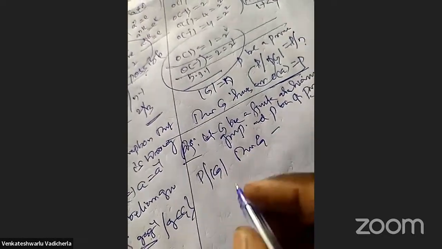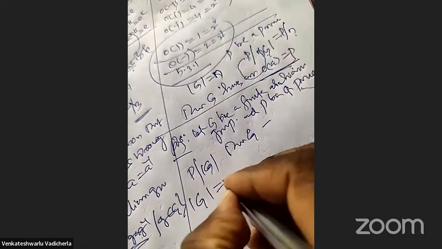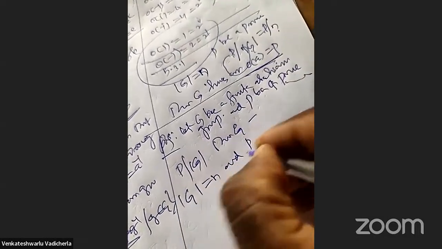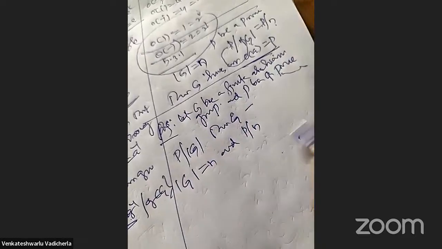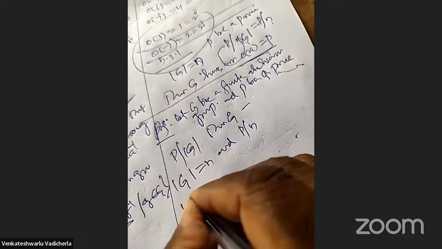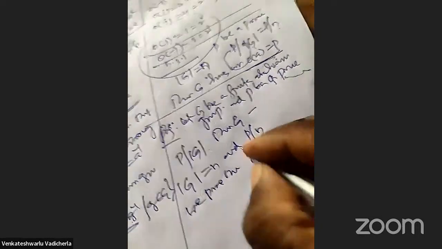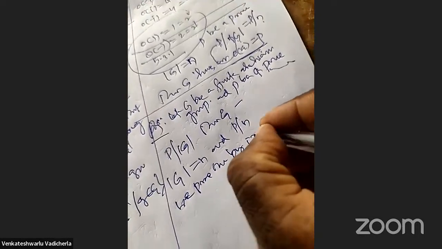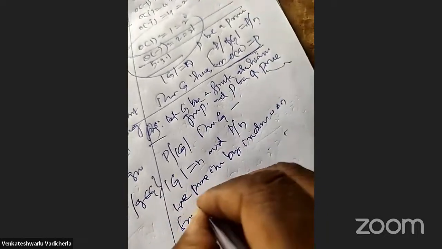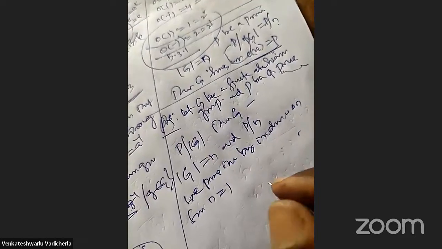So the group order of G is n and p divides n. We prove the result by induction on n. For n equal to 1, there is nothing to prove.